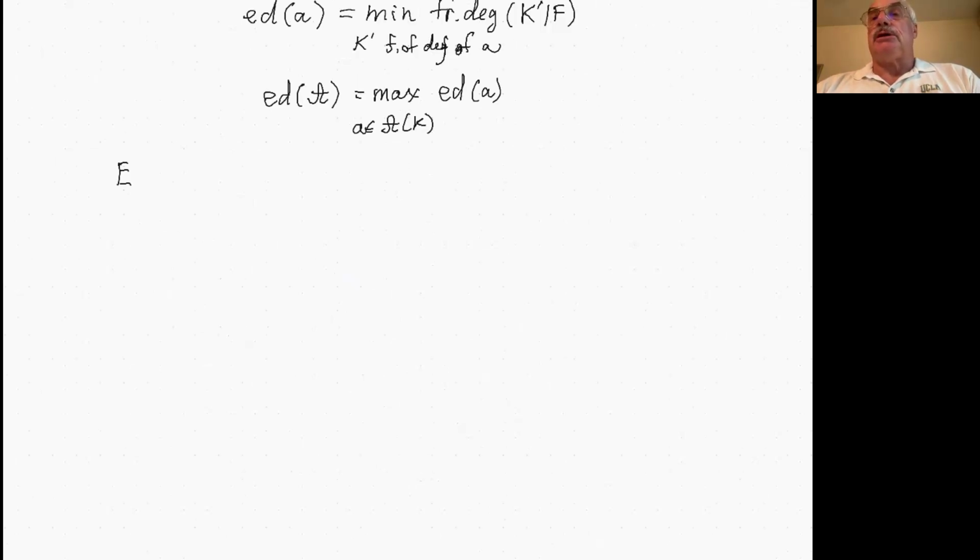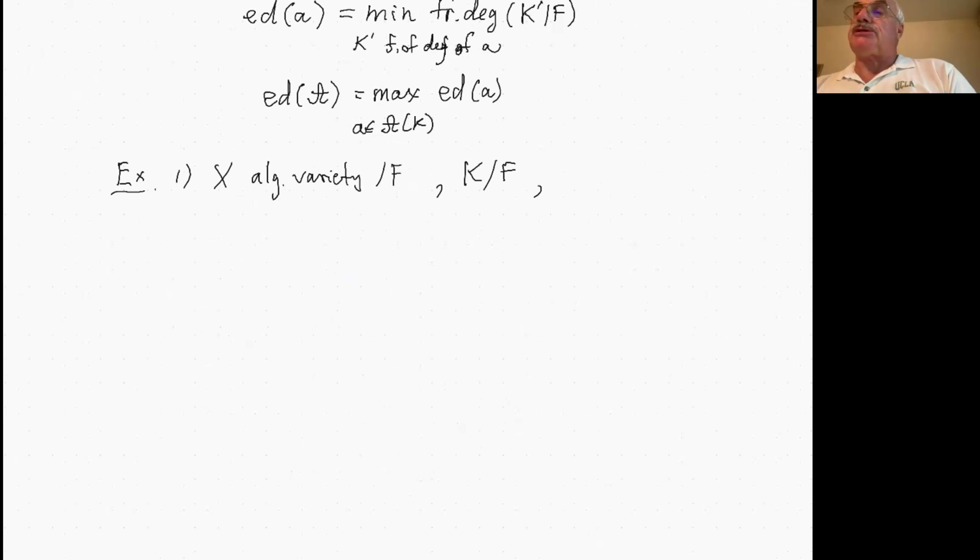X is an algebraic variety over a field F. Then you know that for any field K over F, you can compute the set of points of X over K. If X is given by a system of polynomial equations, then X of K is the set of solutions over the field K. And you see that X is an algebraic structure. And it turns out that the essential dimension of that functor, that algebraic structure X, is nothing but the usual dimension of X.